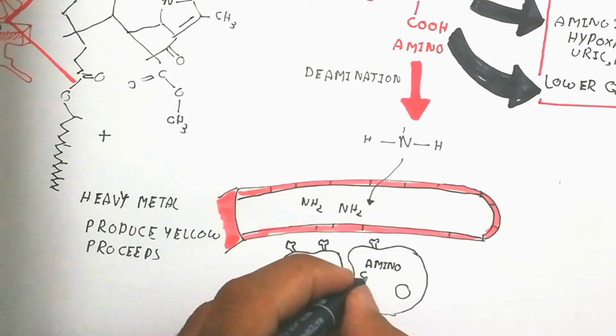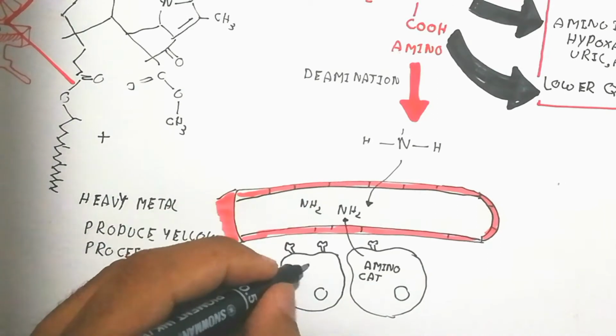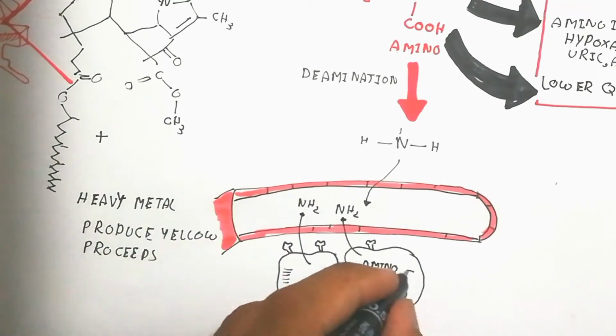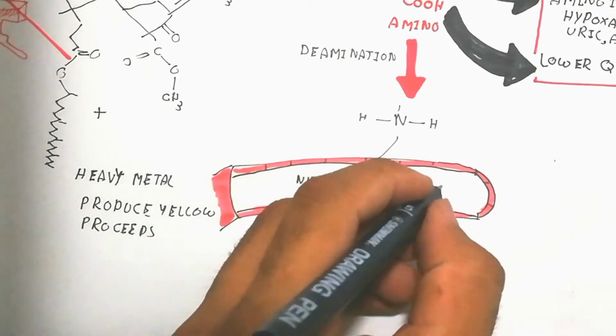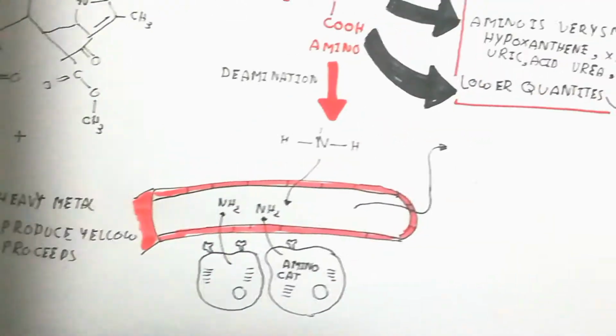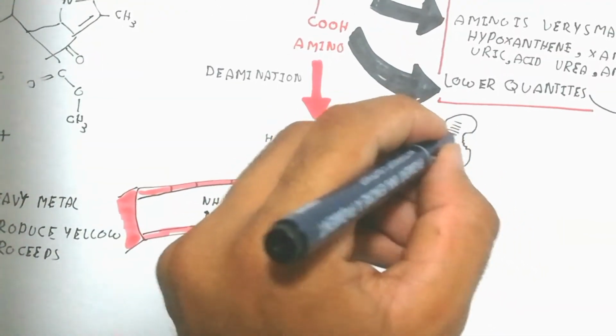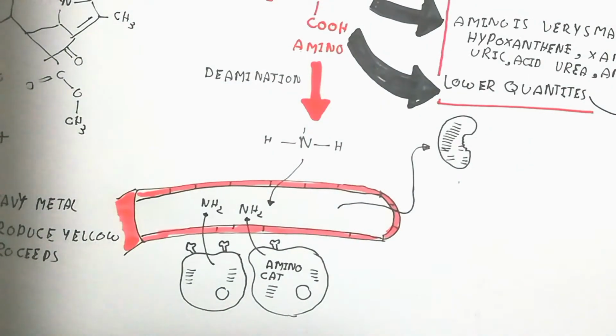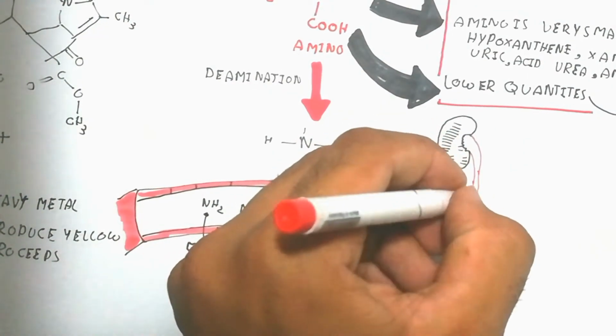So here is the amino acid catabolism in the cell, which goes into the bloodstream, and the bloodstream ultimately goes into the kidney for removal of waste through the bladder to the urethra.